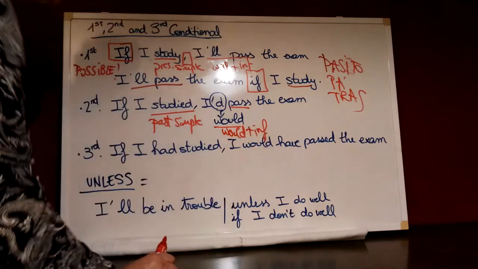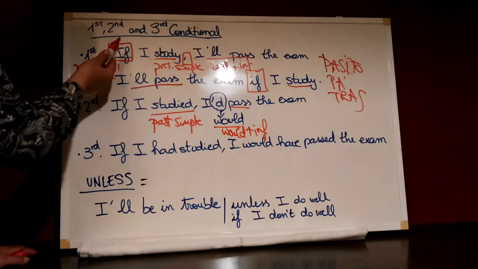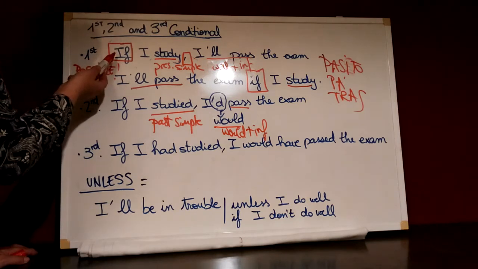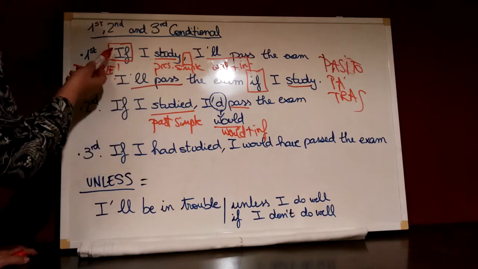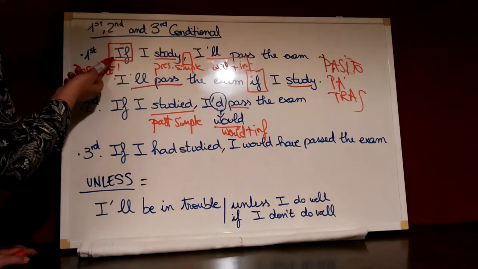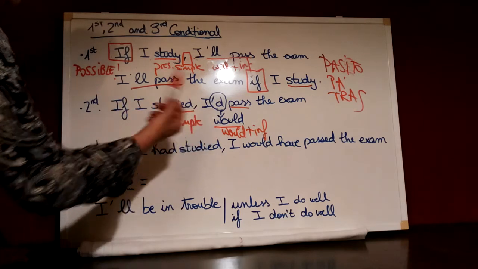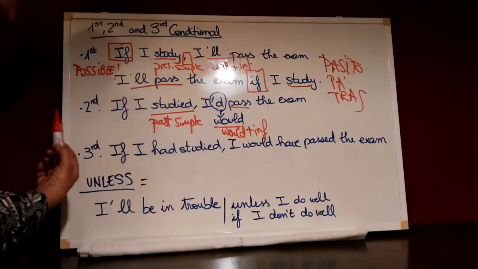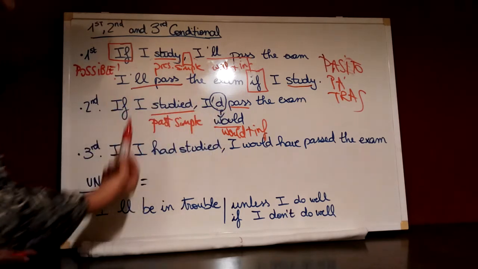Would plus infinitive. If we translate them into our own language, si estudio, aprobaré el examen. Si estudiase, aprobaría el examen. So you see, it's exactly the same thing. Again, you could change the order if you liked.